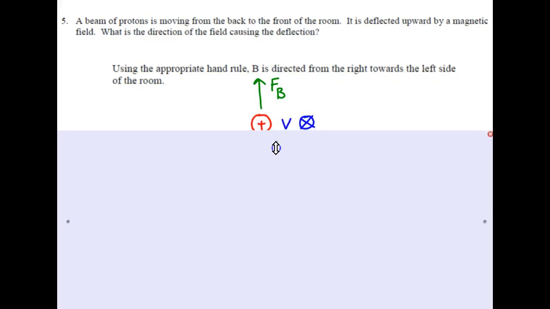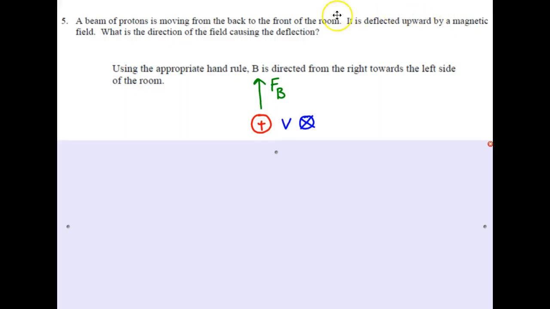So it tells us we're going to use our right hand for the right hand rule here. We're also told that it's moving from the back to the front of the room. Okay, so that means our positive charges have a velocity that's into the page, or in the z-plane here.